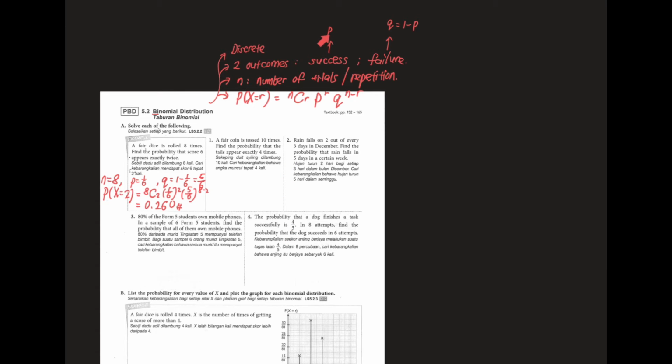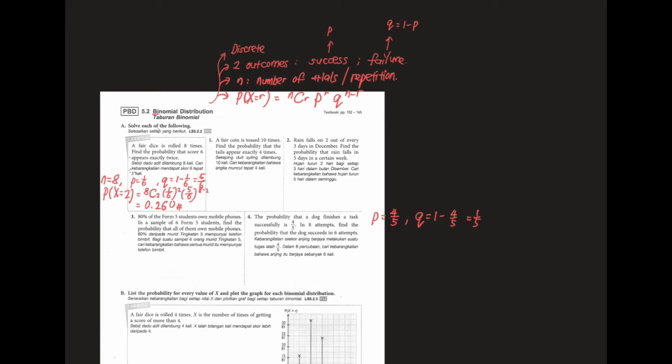That means the dog can do it, probability 4/5. So Q is failure, right? That means the dog cannot do it. If the dog cannot do it, then to find the probability, you just use 1 minus P. 1 minus 4/5, which is 1/5.